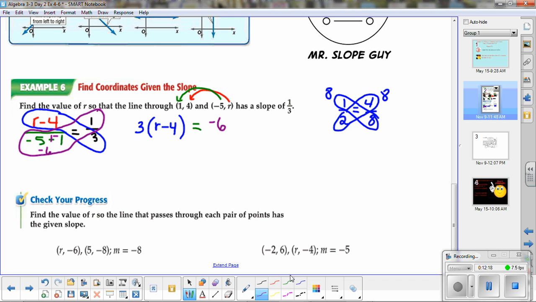Now it becomes an equation that we solved in chapter 2. In order to solve this equation, we want to first do the distributive property to simplify the left side. 3 times r is 3r. And 3 times negative 4 is negative 12 equals negative 6. Now add 12 to both sides.